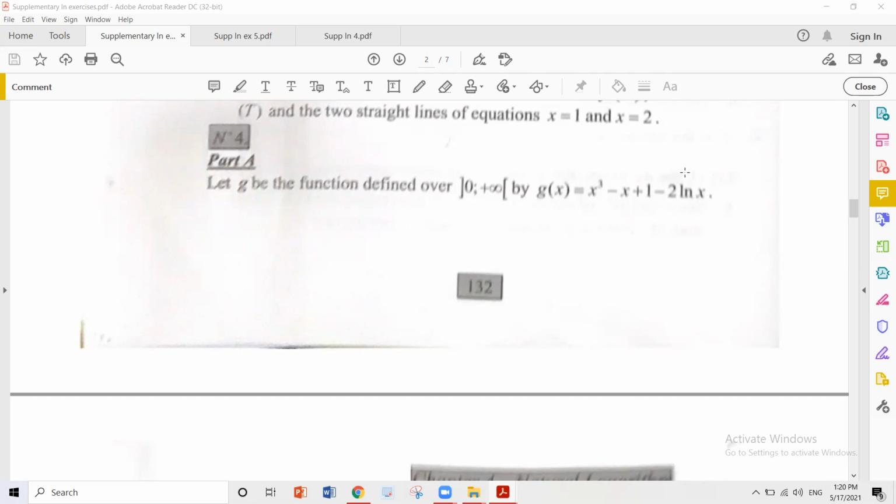Probability. Okay. Send a message to Haikaz.